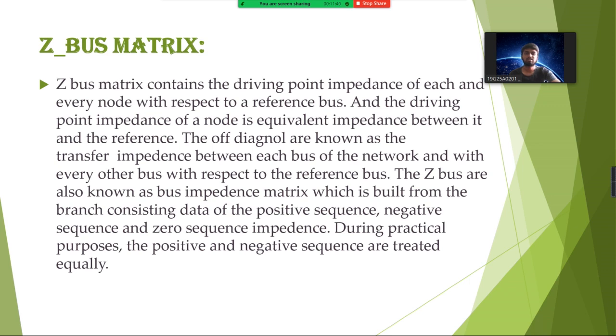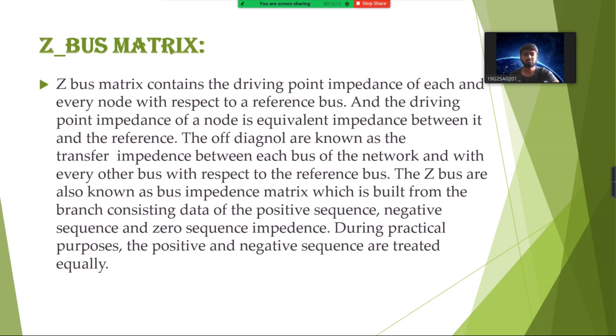The off-diagonal elements are known as the transfer impedance between each bus of the network and every other bus with respect to the reference bus. The Z-bus is also known as the bus impedance matrix, which is built from the branch data of the positive sequence, the negative sequence, and also the zero sequence impedances.